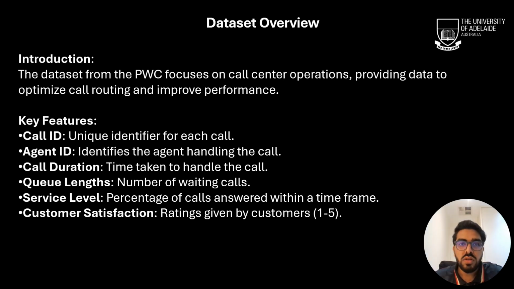This modification allows us to test and optimize routing strategies that dynamically allocate calls based on agent expertise and availability. The key features in this dataset include a call ID, a unique identifier for each call, and then agent ID, which identifies the agent who handled each call, and then call duration, the time taken to handle each call, and then queue length, which is the number of waiting calls, and then service level, which is the percentage of calls answered within a specified time frame, and then customer satisfaction, that is the rating given by customers on a scale from 1 to 5.